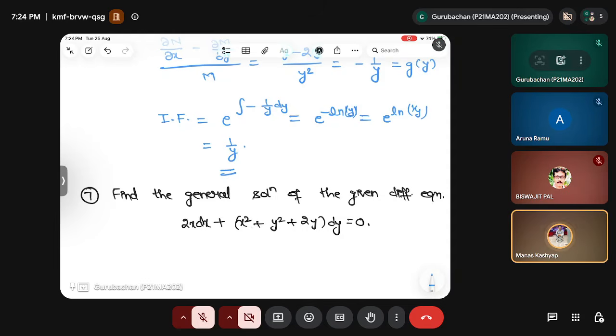E to the power x into x minus 1 is equal to constant. Yes, sir. No, it is not correct. Try again. I'll be back in 5 minutes, so try this one.